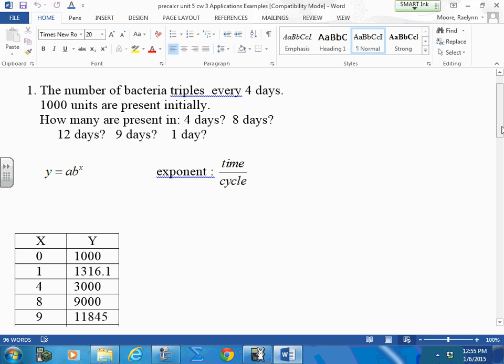I was telling my first period, when something grows exponentially, it keeps feeding upon itself and growing and growing. Say I took this class and I cloned everybody. Say there's 20 people, let's make it easy. Now we have 40 people, right?